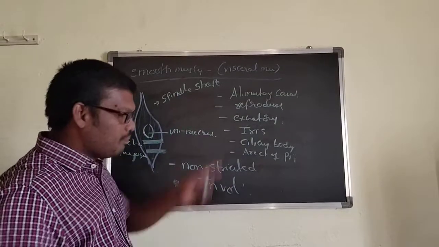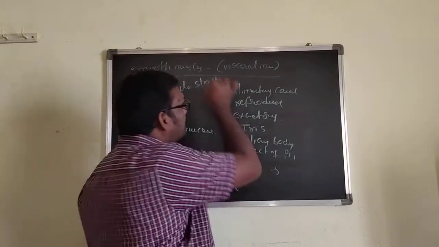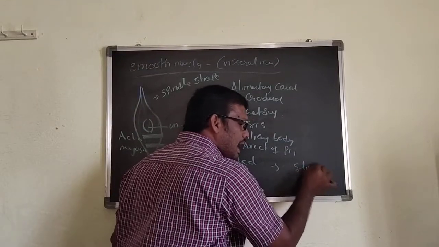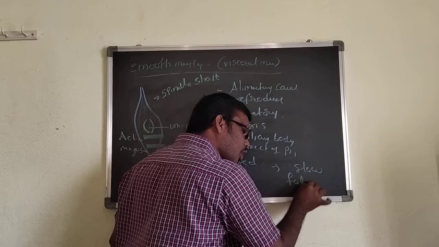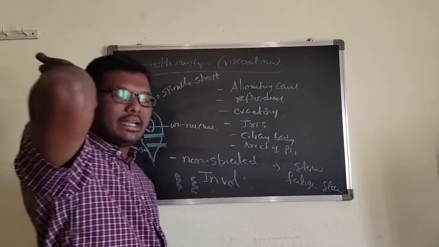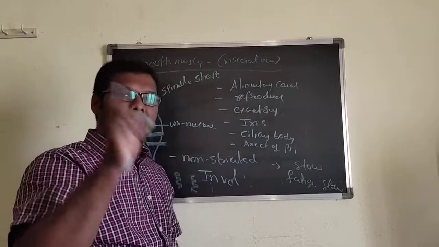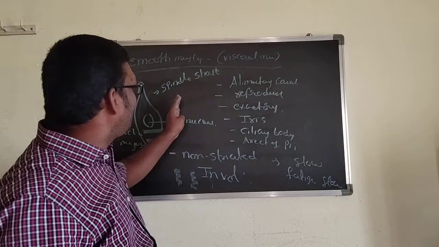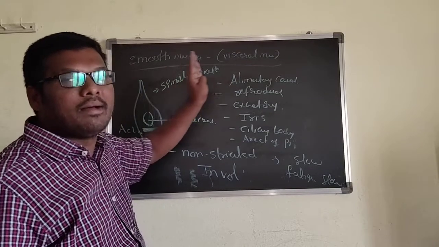And very important, in smooth muscle the contraction is very slow and fatigue is also very slow. In skeletal muscle, contraction and fatigue are very quick, but here very slow. That is the differentiation between skeletal muscle and smooth muscle.